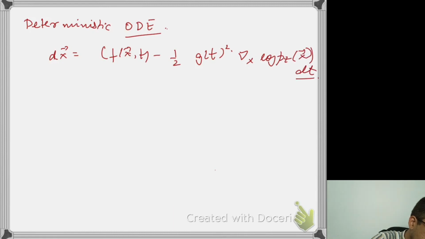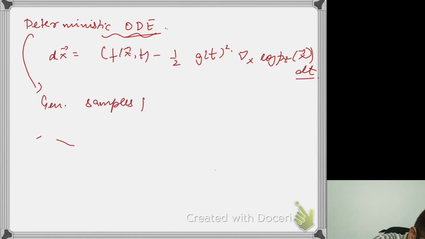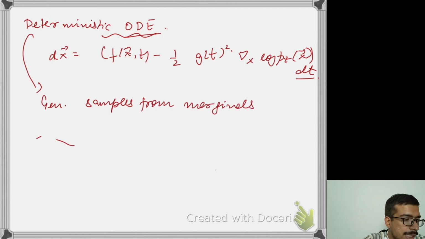And the thing about this deterministic ODE is that we can generate samples from the marginals of p t of x, right? So basically you'll be able to generate samples from the data if you reverse it for the full time interval capital T, but the trajectory will not have the joint distribution of the trajectories you want. You will only get the marginals at every time step. So in that case you can even use a deterministic ODE.